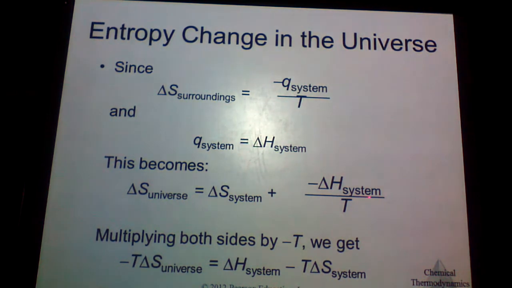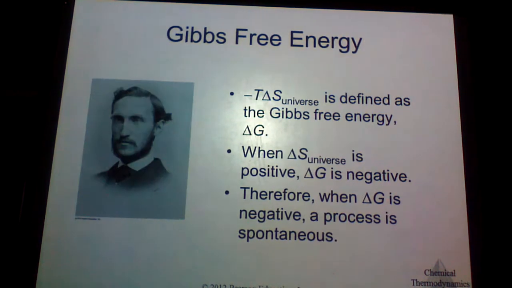If I multiply this side by negative temperature, I'm just going to be left with delta H. If I multiply this by a negative temperature, that's where I get this minus T times the change in entropy of the system. But then I also have to multiply this side by negative T, and this negative T times delta S universe is going to be what's left over here. There's a reason that we're doing this.